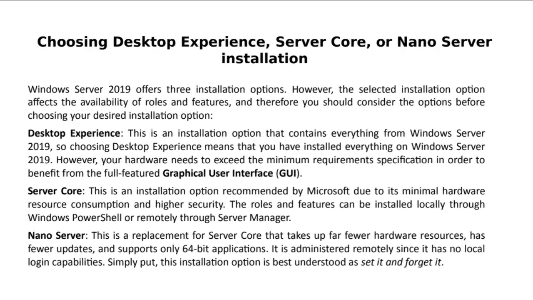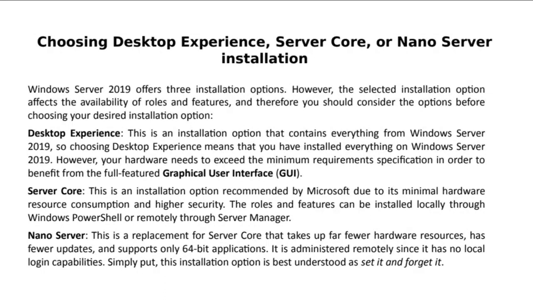Now, as I mentioned before, we have 3 installation options. Each one will offer you a different experience of the roles and features that are installed. So you have to plan ahead. You need to know which option you will choose.